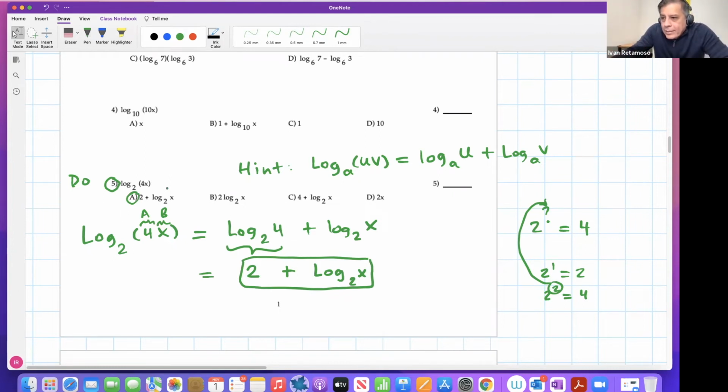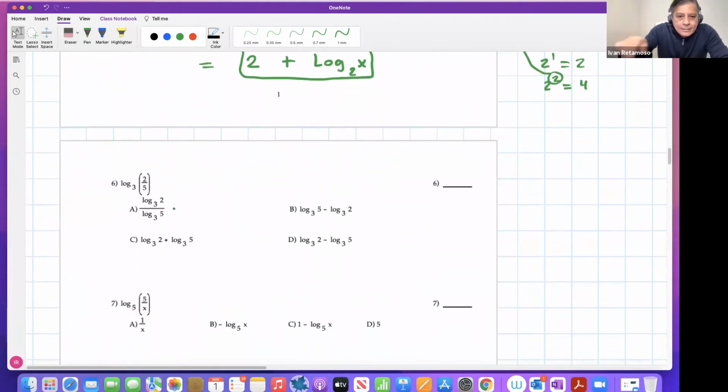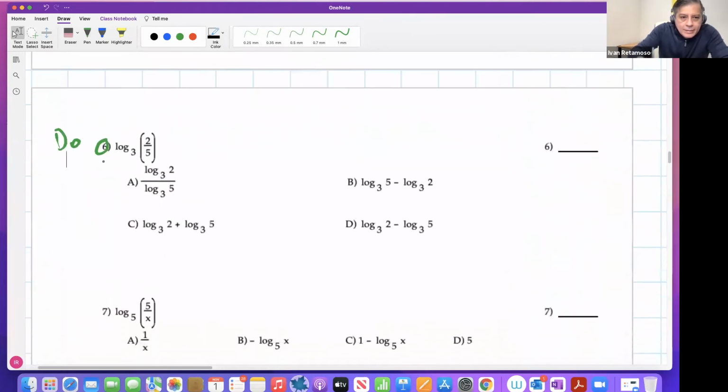Now, let's do one with division. This one, number 6. Let me make it bigger so you guys can see all of it. Can you try this? Basically, they say simplify log base 3 of 2 over 5.